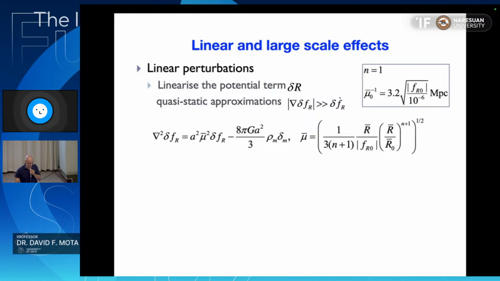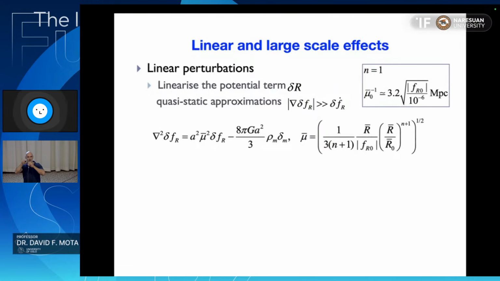It doesn't matter. Okay? So I just say that the gradient of my scalar field is sourced by matter. Remember that when I wanted to show what the fifth force is for my scalar field, I had to calculate the gradient of the profile of the scalar field for a spherical massive object.